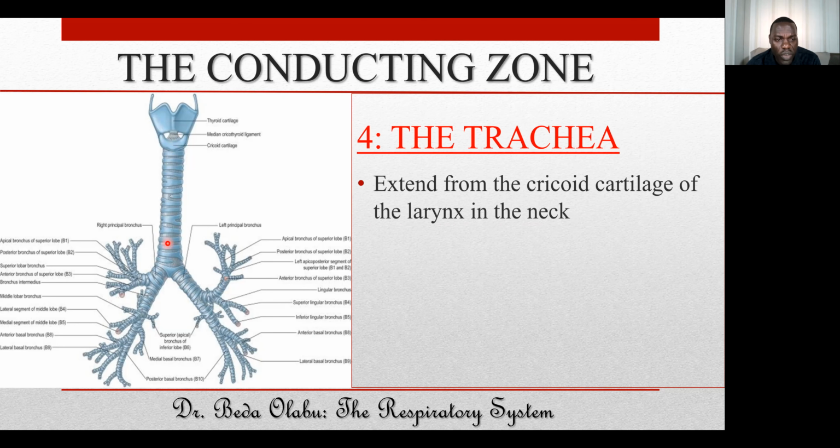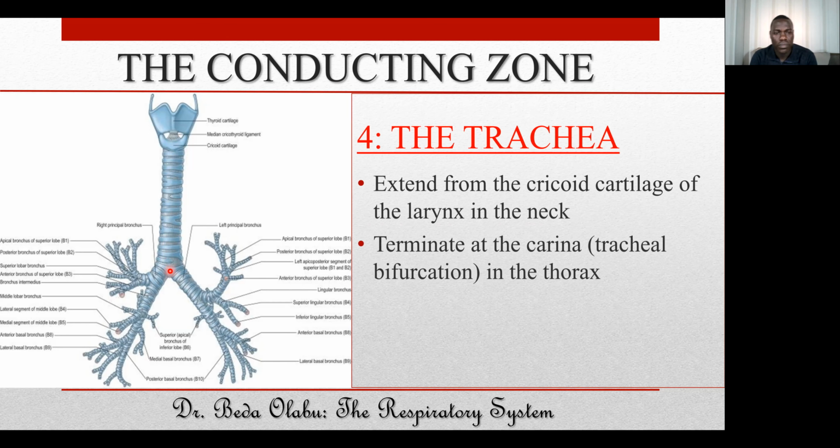It extends all the way to this region. That region is known as the carina. The carina is the level of tracheal bifurcation, where the trachea divides into two. Of course, the bifurcation is in the thorax.